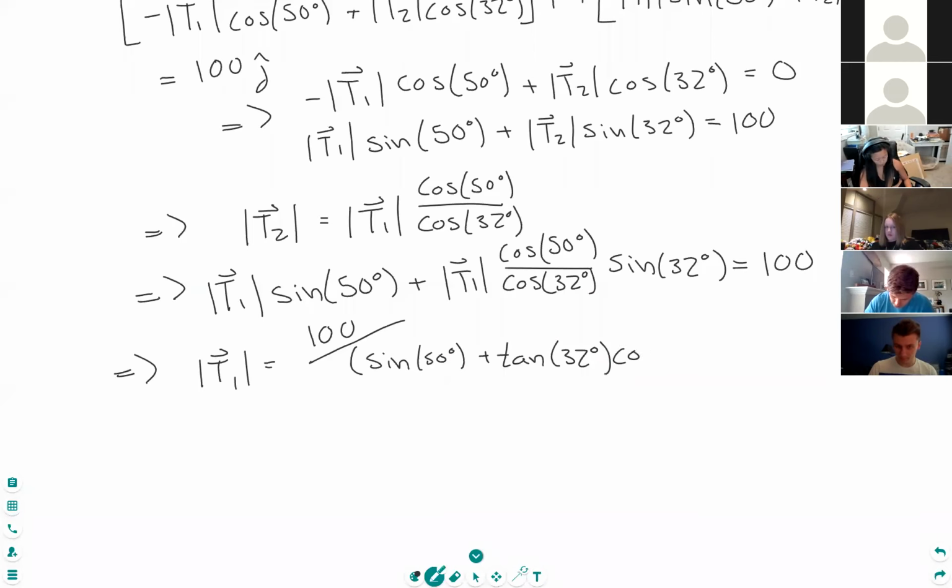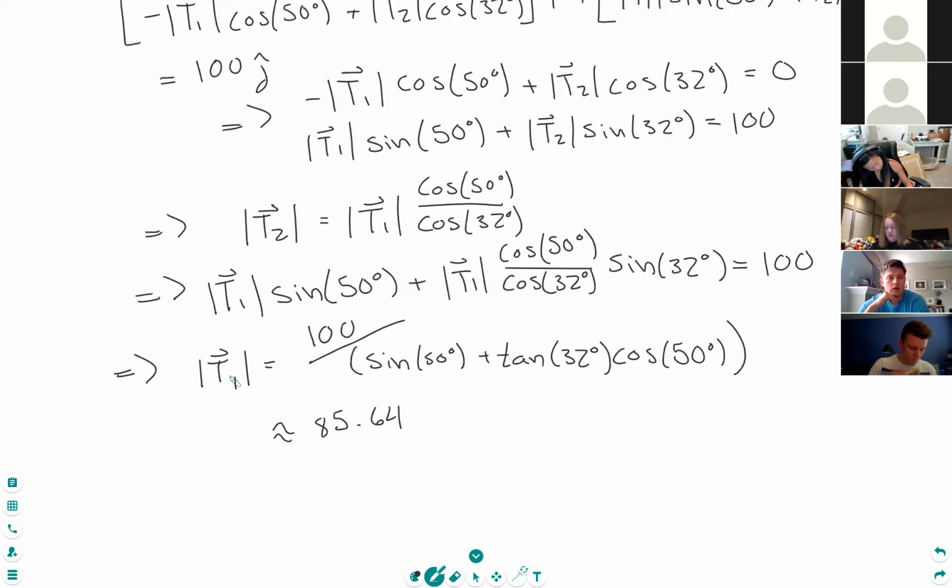And then we have a cosine of 50 degrees. So that's all in the denominator there. Okay, so now here's where we might use a calculator. So this is approximately 85.64. Perfect. Okay.